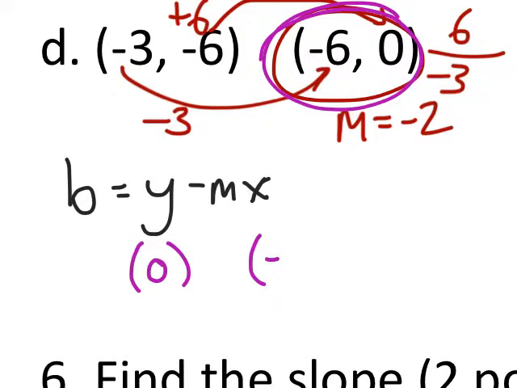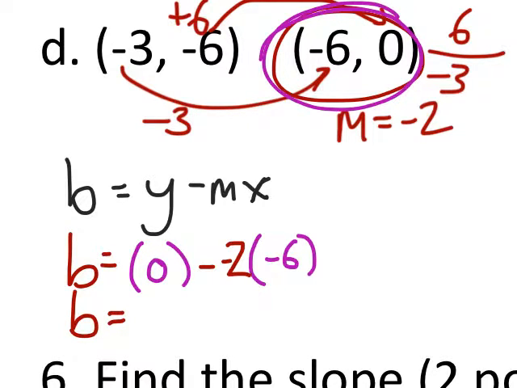My x value is -6. And we have a slope of -2. And that's my y-intercept. So I have 0 minus -2 times -6, which is a positive 12. 0 minus 12 is -12.